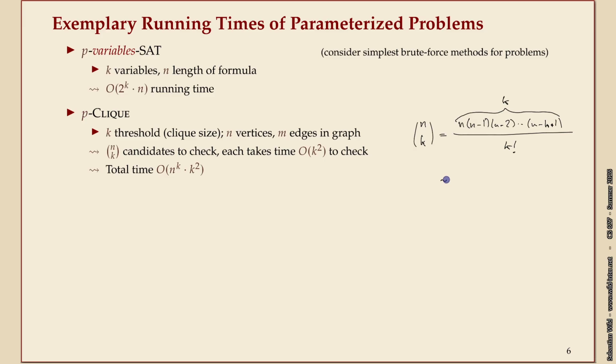And this is asymptotically equal to n to the k divided by k factorial, where here this tilde means if you divide this by this, the ratio converges to 1. All that we need to know for this is n choose k roughly grows like n to the k. So it's a polynomial if k is constant, but of course if k is allowed to grow, then this also grows very quickly. That's another type of running time we could get.